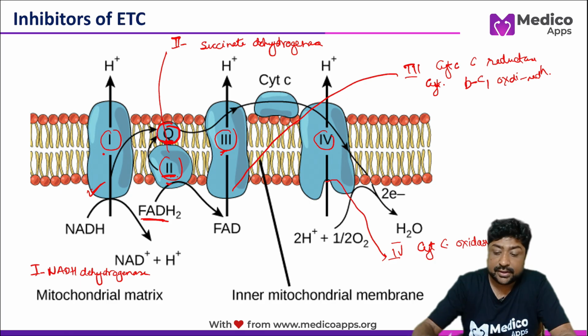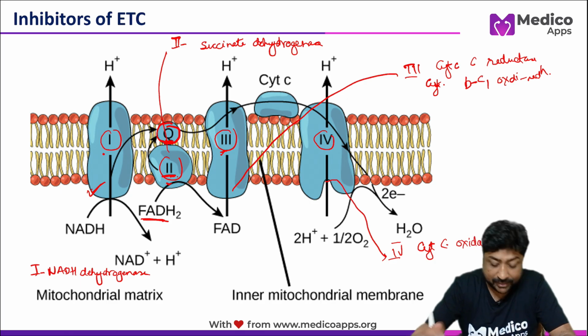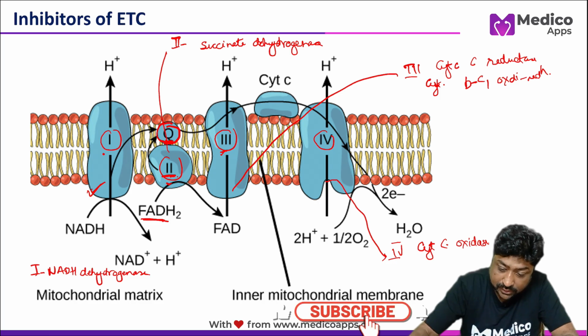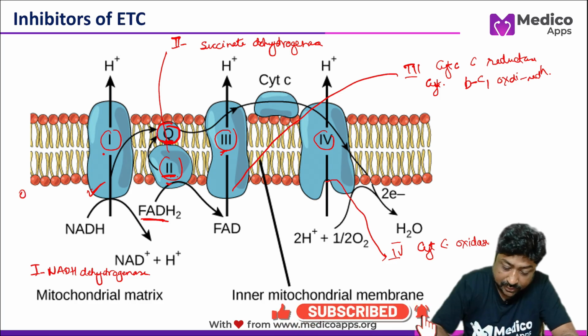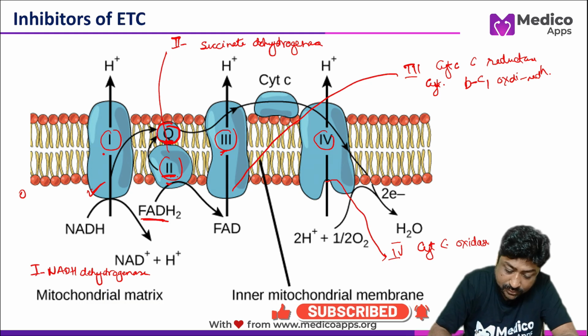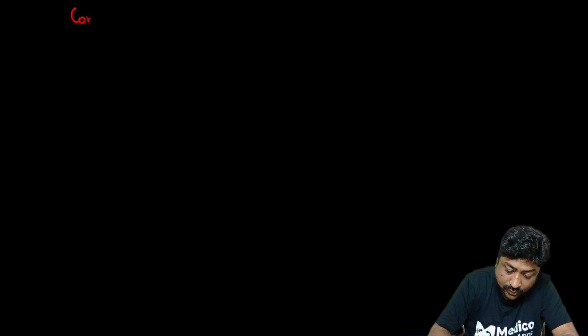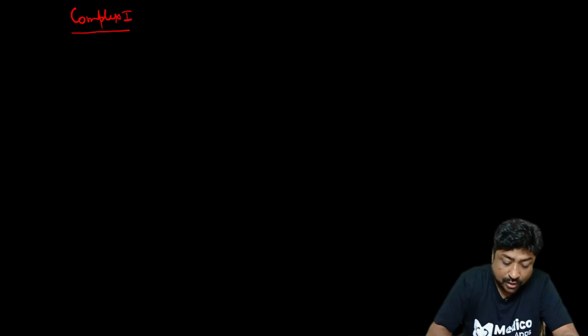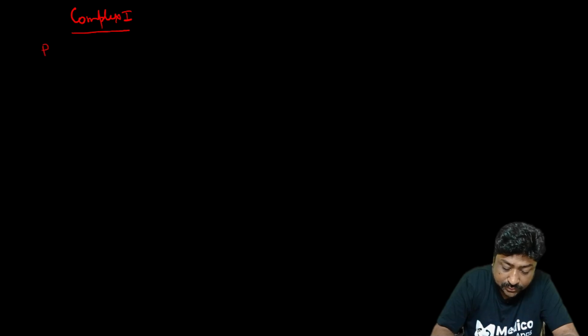Now complex 1 is very easy. All the complex 1 inhibitors will have ONE or 1 in their name. For example, the first inhibitor, phenobarbital.